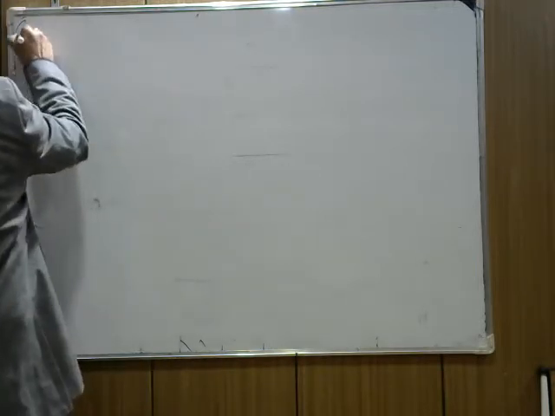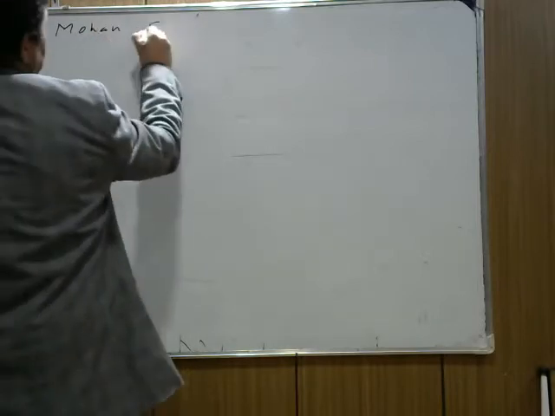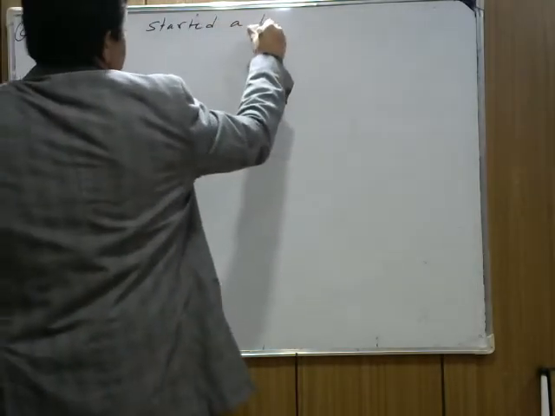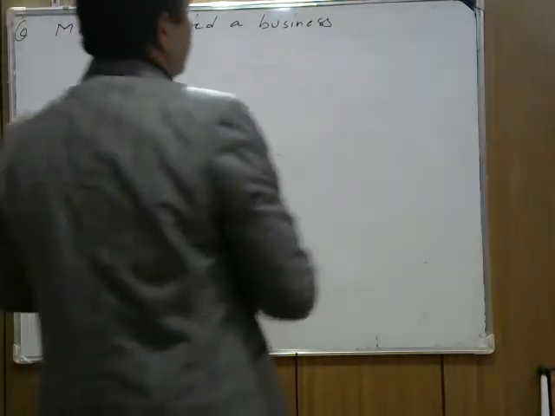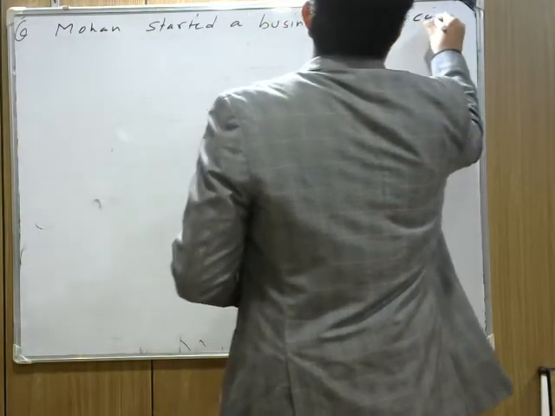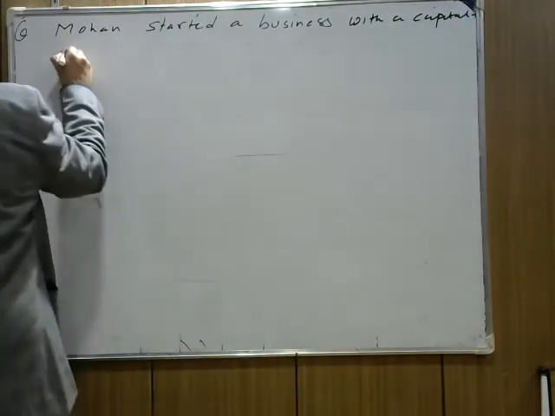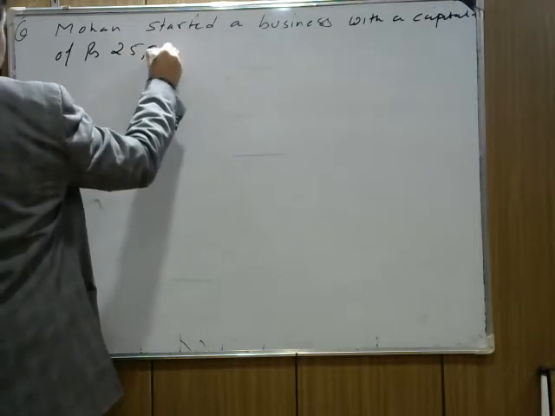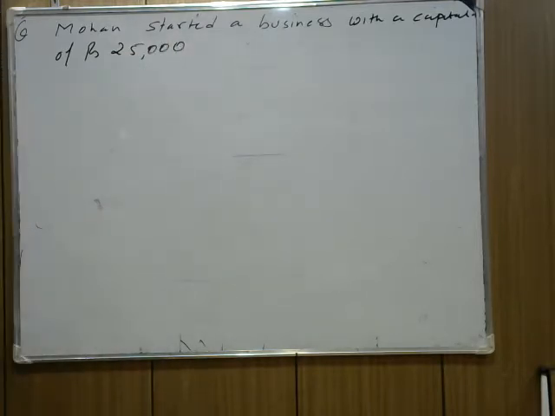They say Mohan started a business with a capital of rupees 25,000, and a loan borrowed from Shyam. He borrowed a loan from Shyam. Okay, how much is it?